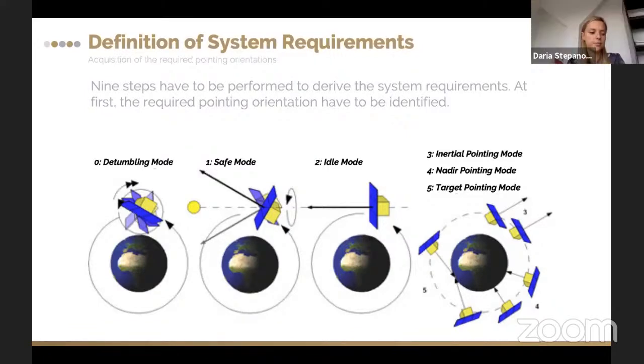All right, so the most used frequency band, for example, is UHF or VHF, and we're using antennas like monopole antennas, where the satellite does not need to be oriented.